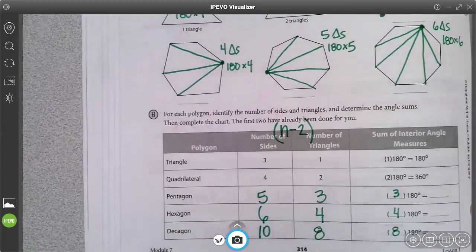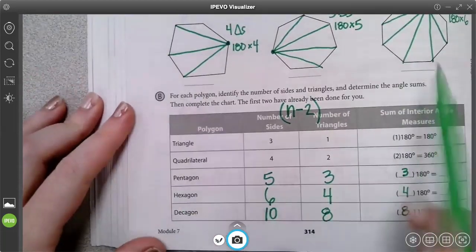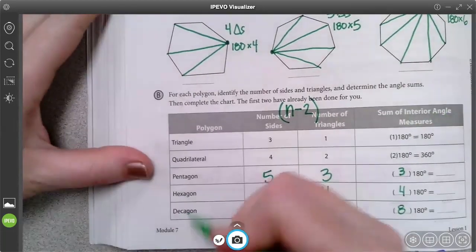So the formula that's not actually written anywhere that we want to make a really, really big deal about, because it's going to save you from drawing out all these diagrams.